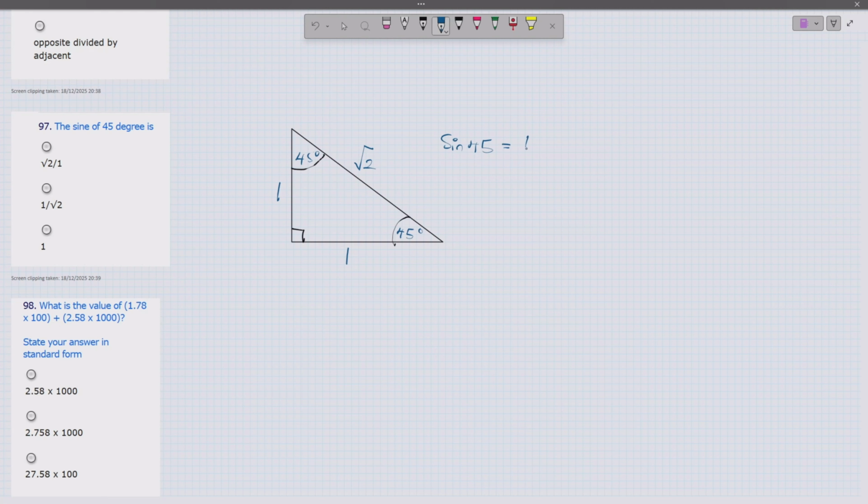So opposite is 1, hypotenuse is root 2. So when you rationalize it, you're going to get times root 2 over root 2. That will give you root 2 over 2, or 1 over root 2, yeah.